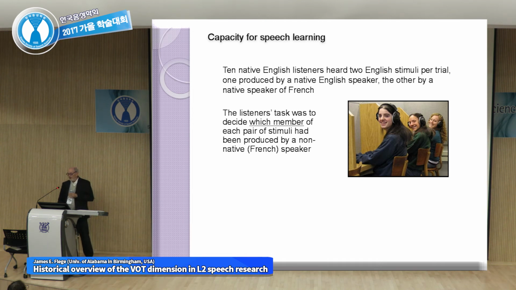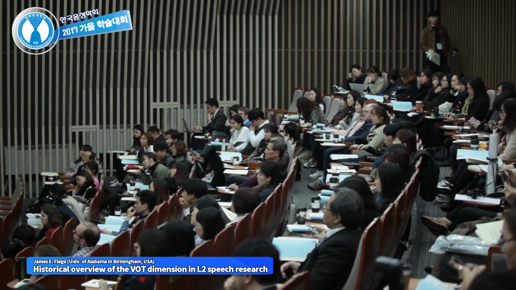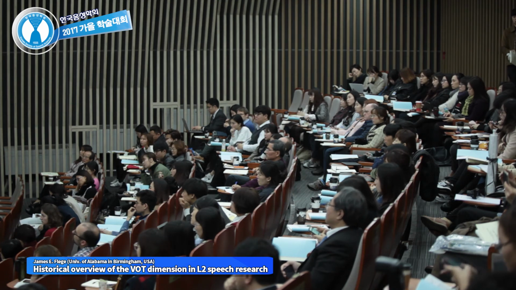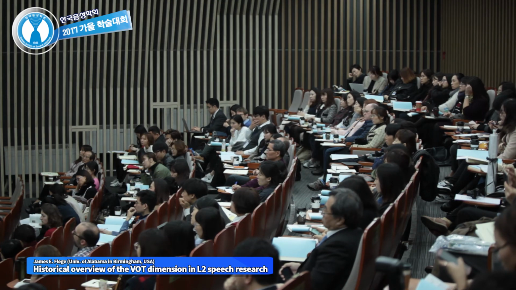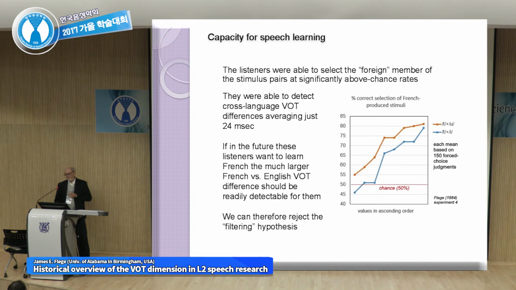Ten native English listeners heard two English stimuli per trial, one produced by a native English speaker, the other by a native speaker of French. Their task was to decide which member of each pair had been produced by the non-native speaker. Now, they were quite able to select the foreign members of the stimuli.